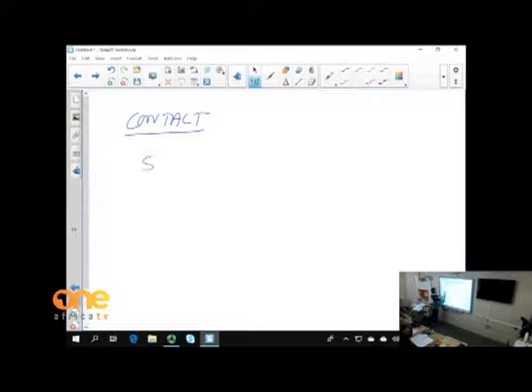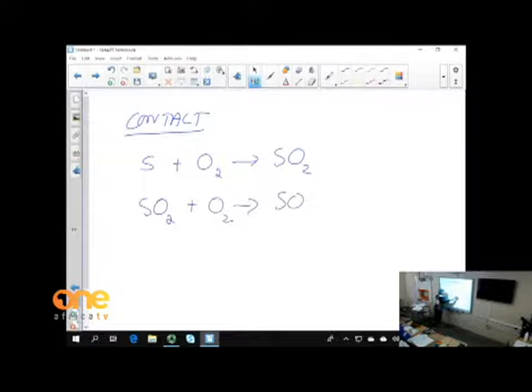Sulfuric acid starts out with sulfur that is burnt to form sulfur dioxide. All right? The sulfur dioxide is oxidized further to form sulfur trioxide.